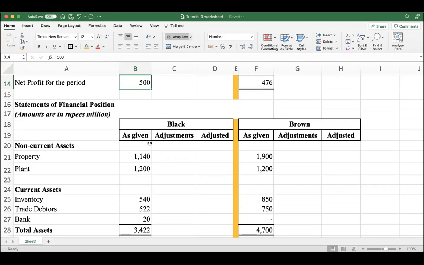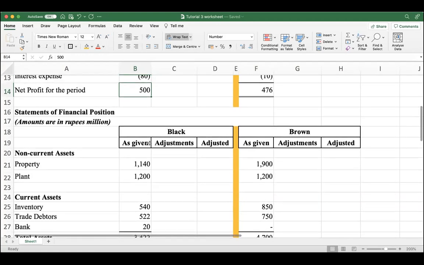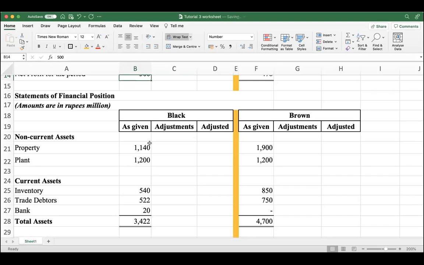Now our first adjustment is 75. Black's debtors increased by 75. So debtors plus 75.